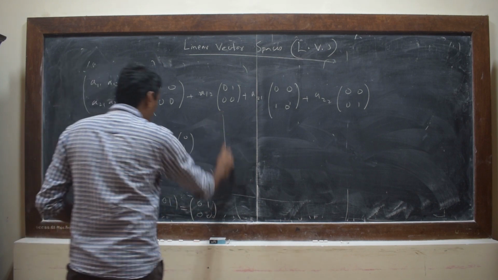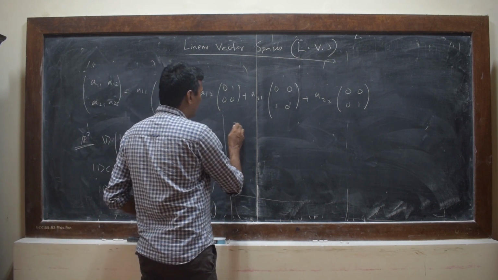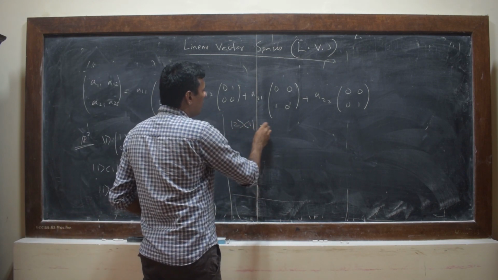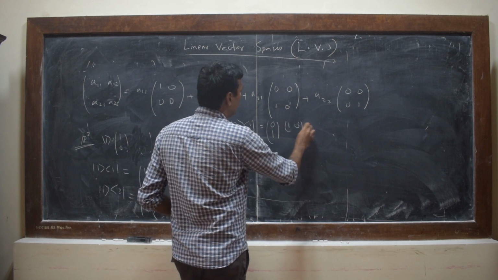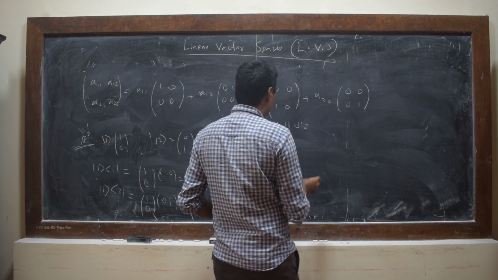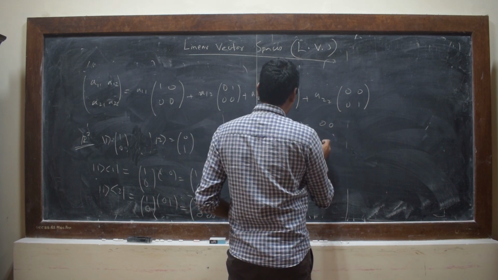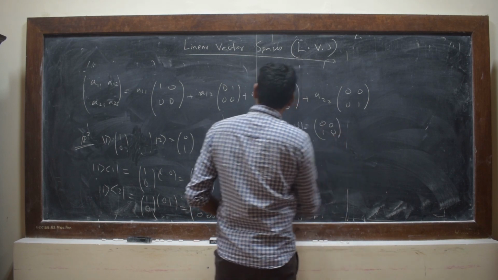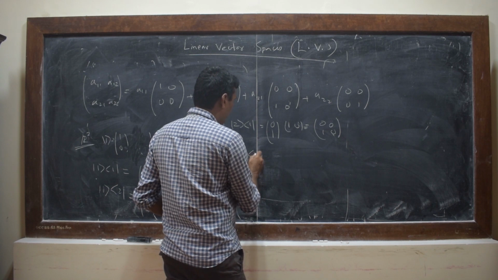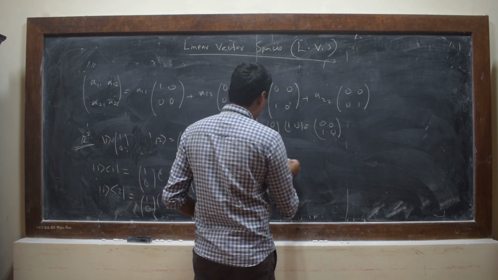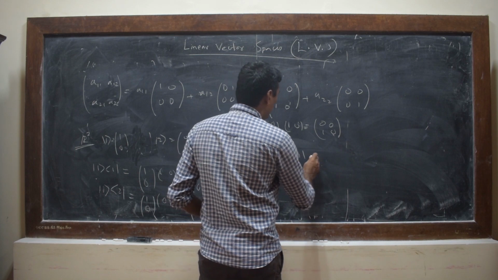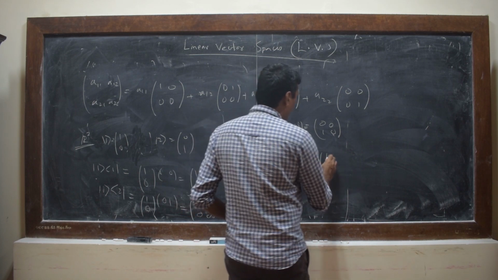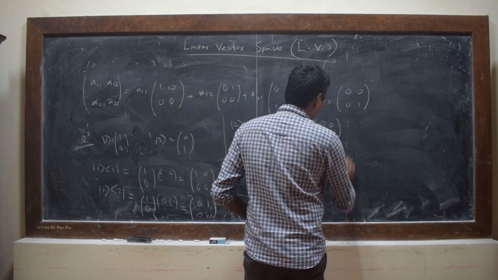Similarly, |2><1| is (0, 1) times (1, 0), which is equal to [0 0; 1 0]. Similarly, |2><2| is (0, 1) times (0, 1), which is equal to [0 0; 0 1].